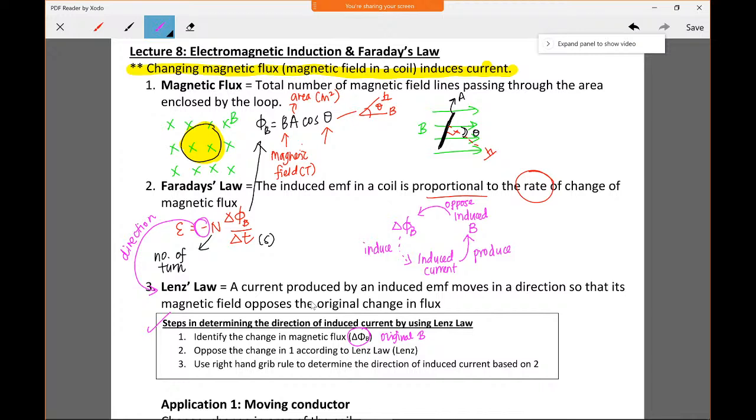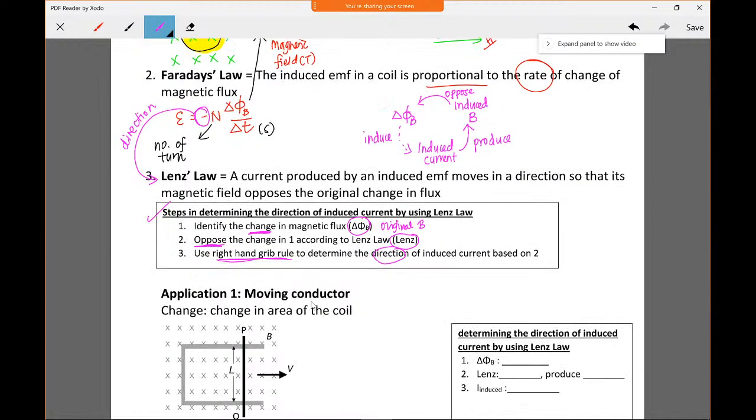From the change that you have identified, then you have to oppose the change. The keyword there is Lenz. Lenz tells you that it must oppose. And finally, determine the direction. To find the direction, use the right hand grip rule.